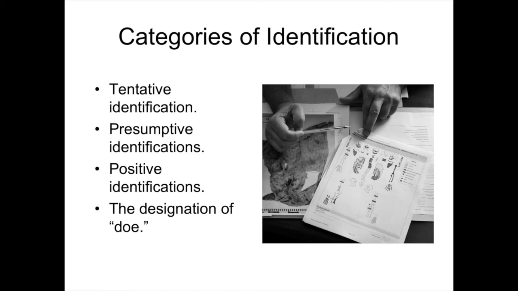The homeowner, in this case, let's say, is estimated to be 85 years of age. He's known to live in this unit or in this location. However, there's no antemortem data available for a definite confirmation of that identification or assessment. So the idea here is that it's presumptive, but it's not completely positive yet.